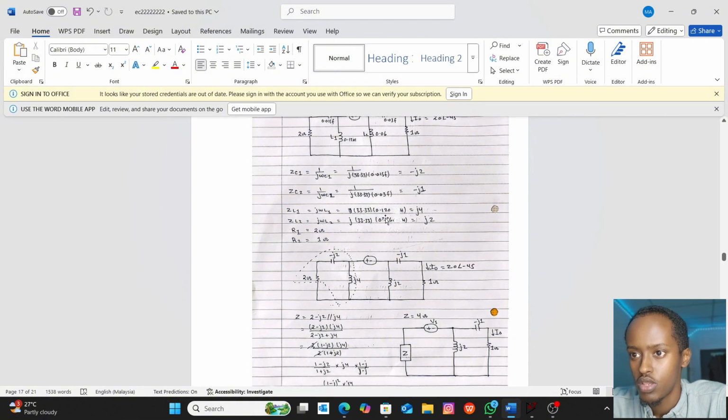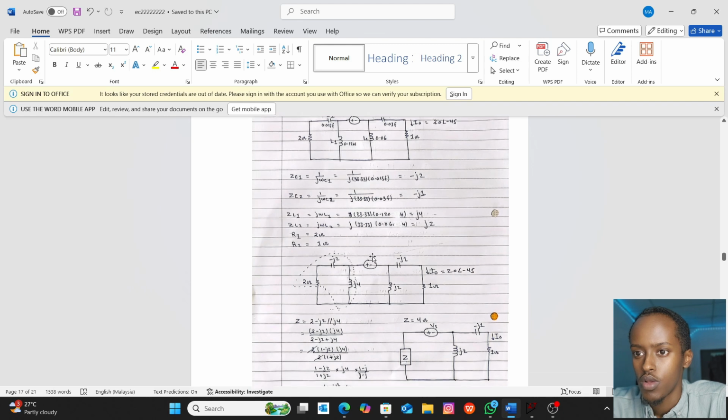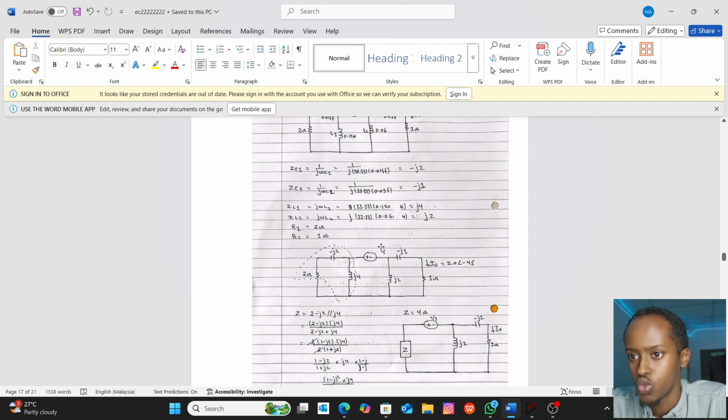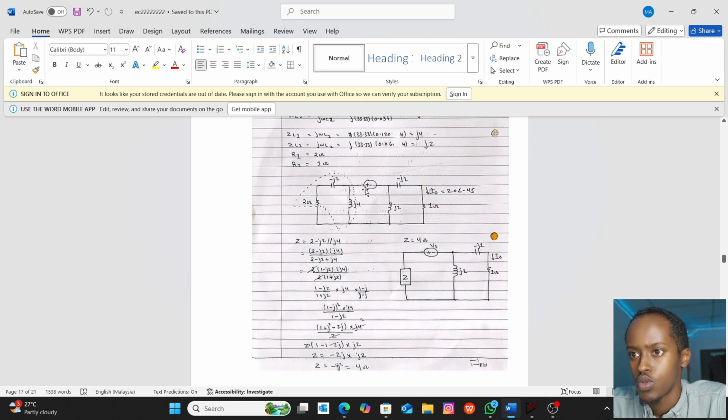When we convert into imaginary values, we find our C1 capacitor is minus j2, capacitor 2 is minus j1, ZL1 will be j4 and ZL2 will be j2. Then we will analyze our circuit.